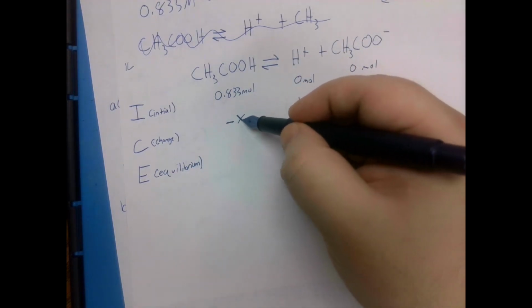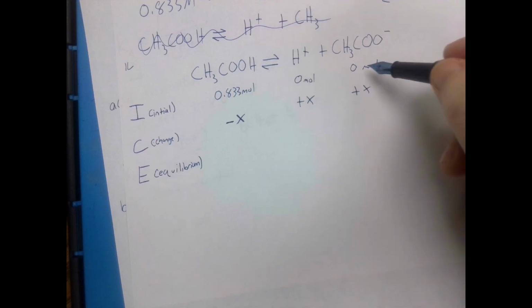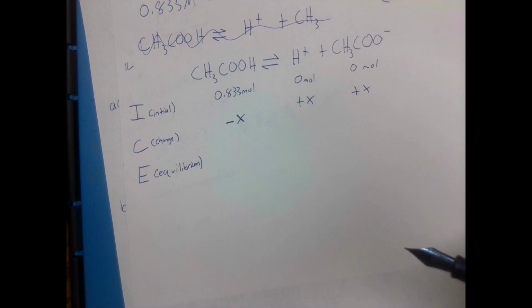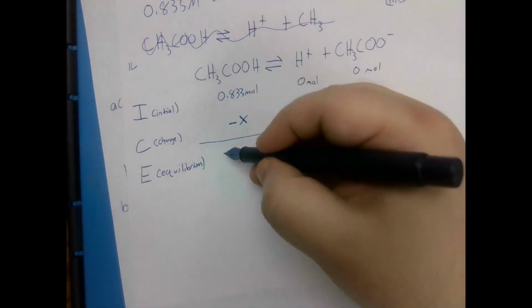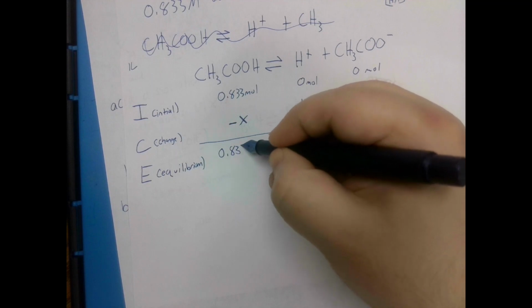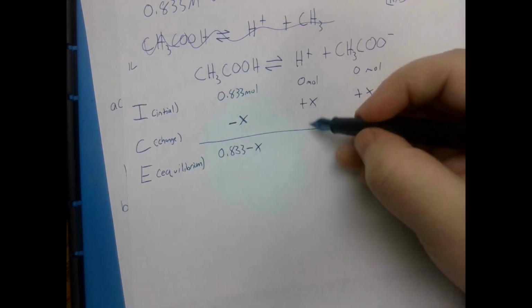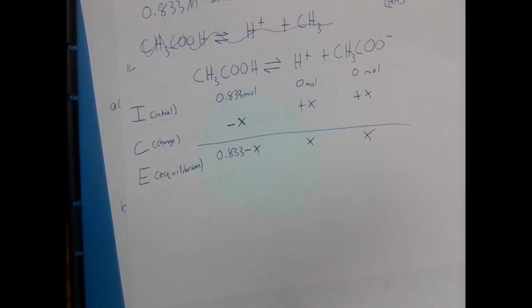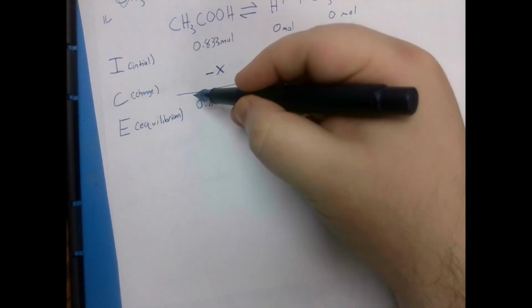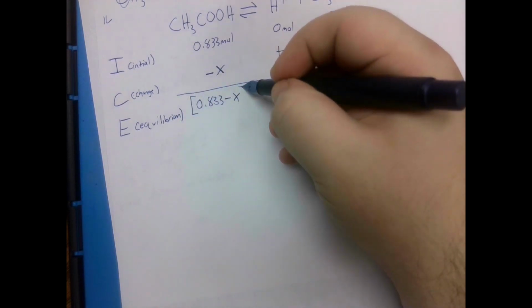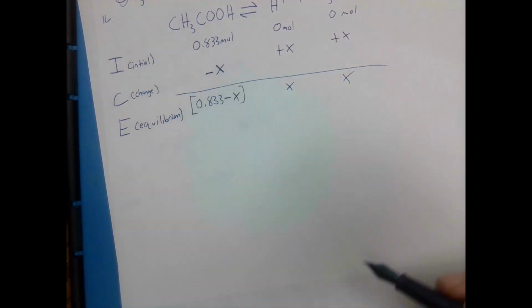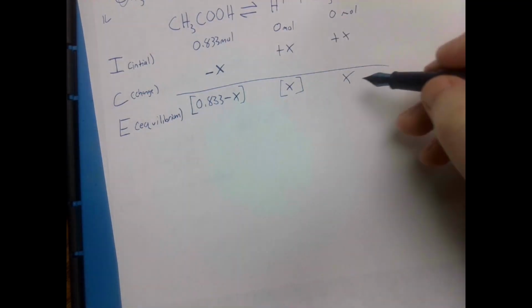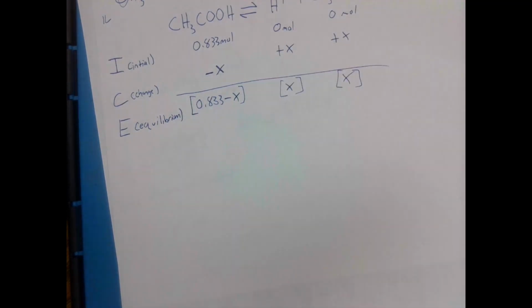It's going to lose some X, and these two, because it's 1 and 1 right here, will gain some X. Make sense? Thus, my equilibrium is going to be 0.833 minus X. And this 0 plus X is X, and this is X. So this tells us my concentration of acetic acid once it's in equilibrium. This tells me my concentration of H plus and my concentration of acetate.